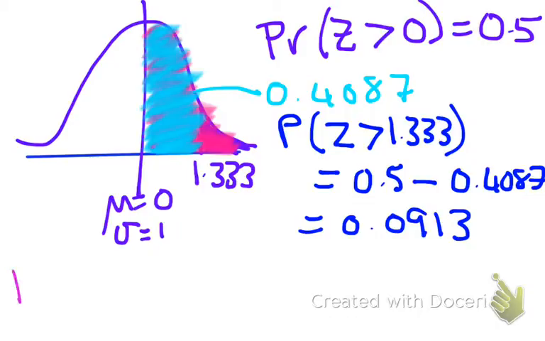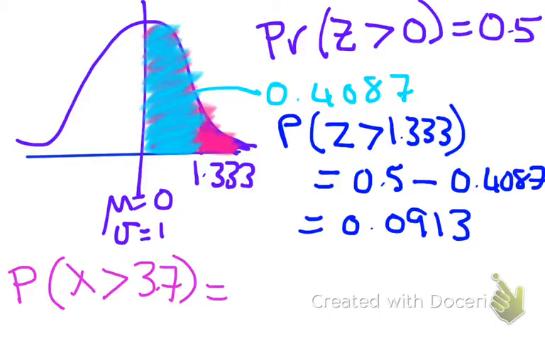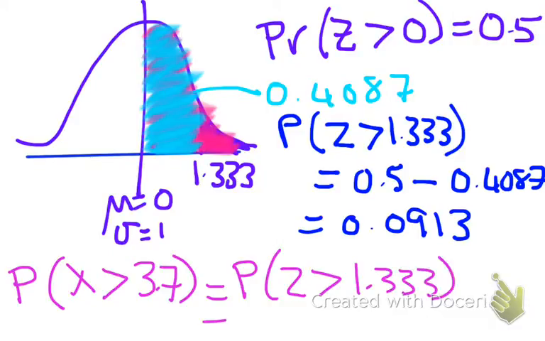So now if I was to go back and say, what's the probability that our x distribution is bigger than our 3.7 kg that we were interested in, that's the same probability that z is bigger than 1.333, which we've just found is 0.0913. So then we need to write that up into a sentence form because that's how it was given to us in the question.